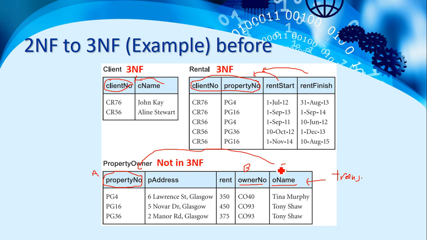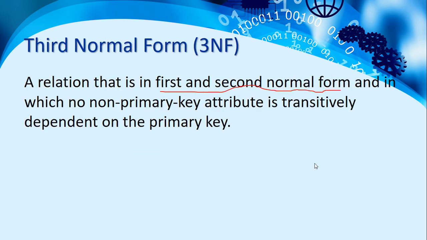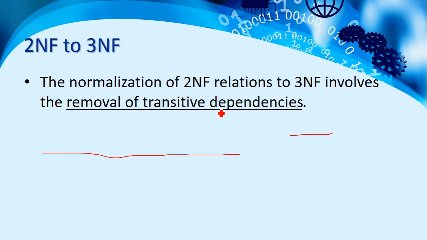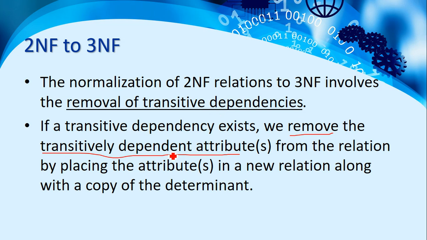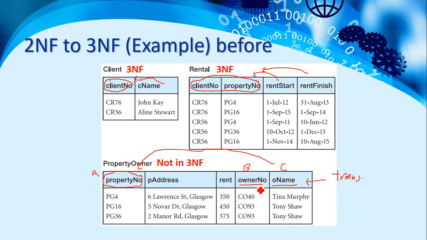So since it has violated the third normal form, we have to remove this transitively dependent attribute, and we have to transfer it into a new table along with the copy of its determinant, yung owner number.